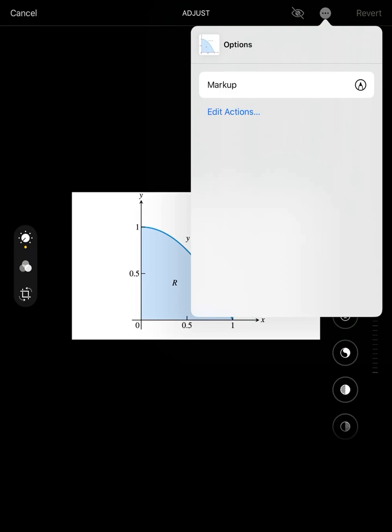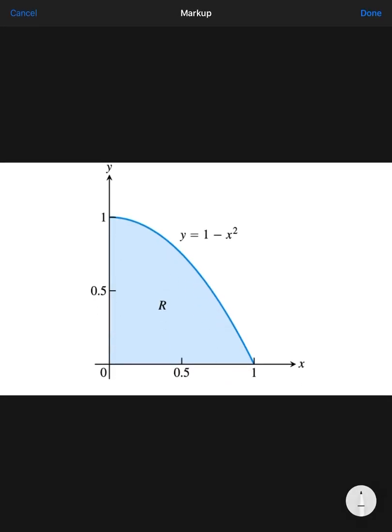So let's mark this up. The first time around we're going to find the upper sum. Suppose we want to find the area under the curve with two rectangles of equal width.